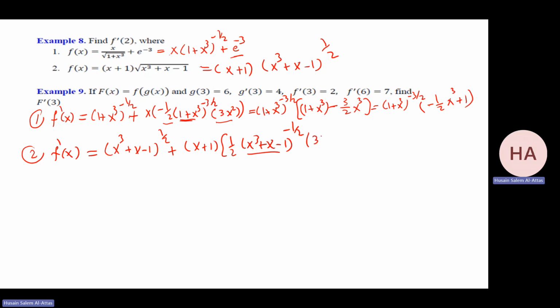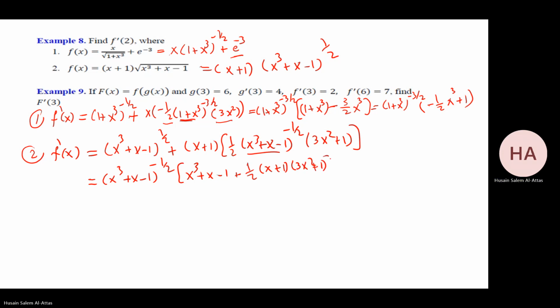Derivative of this, 3x squared plus 1. So that will be what? I can take this to the power minus half, the common factor. The remaining is x cubed plus x minus 1 plus, here I have half x plus 1 times 3x squared plus 1.